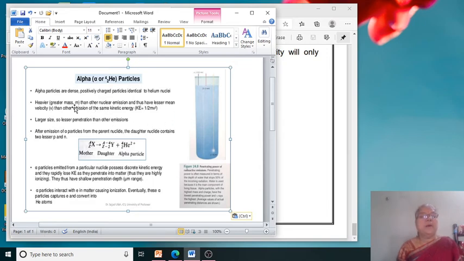They are heavier than other nuclear emissions and thus have lesser mean velocity than other emissions of the same kinetic energy. Due to their larger size and lesser penetration power, they ionize the gases through which they pass.